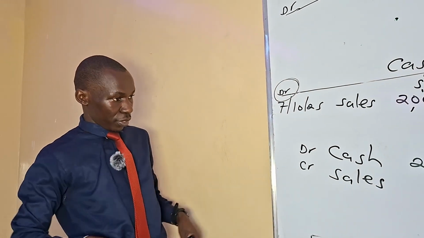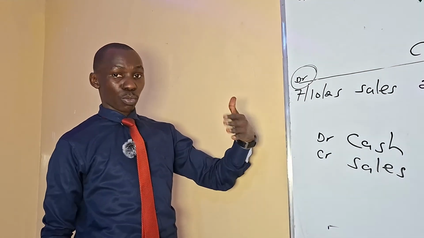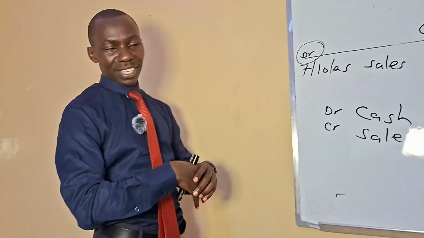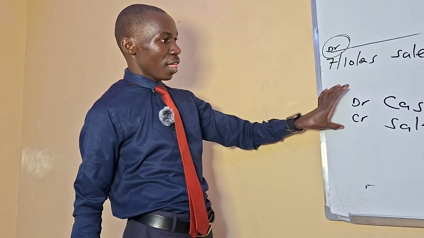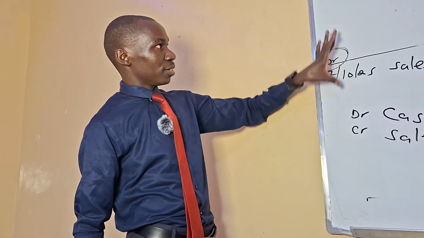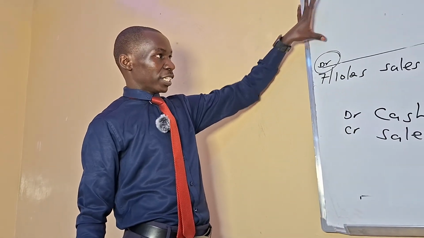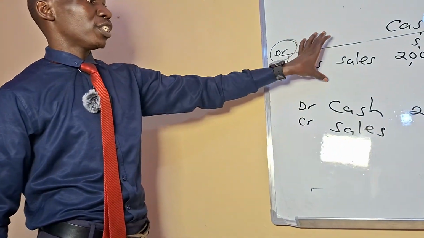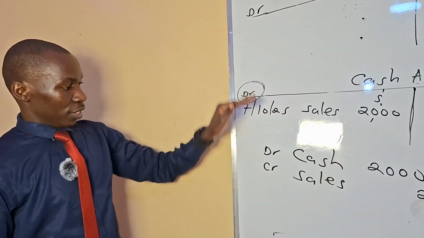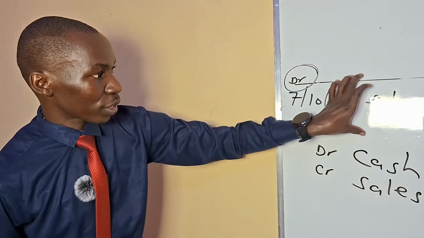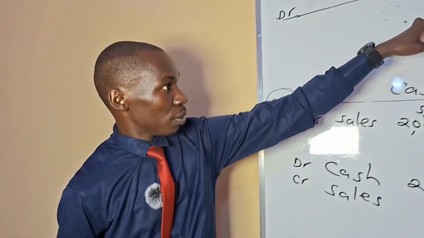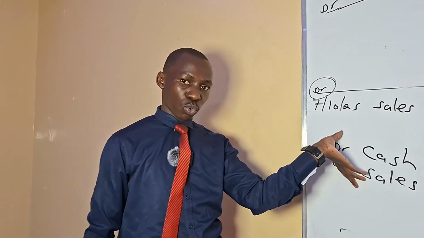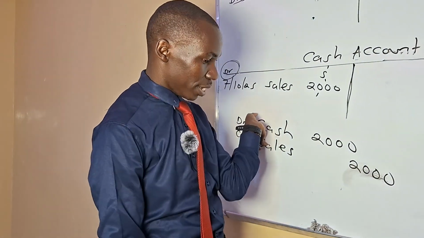Yes, you can make entries. I don't want to bring in those concepts of entries at this stage with my beginners in accounting. But for now, this is the same as this. If you find something like this, you may ask yourself, where do you get it from? From these key accounts. Debit cash 2000, that's what I've done. Credit sales by 2000. Even this entry is correct, but I don't want to talk about the entry at this stage.